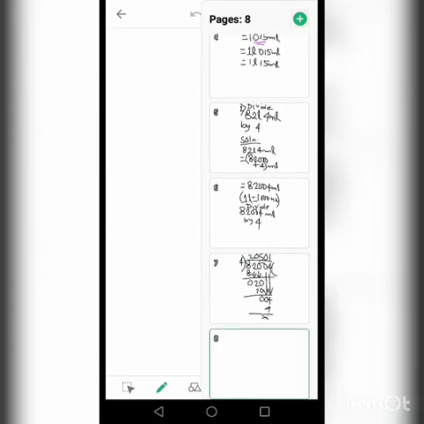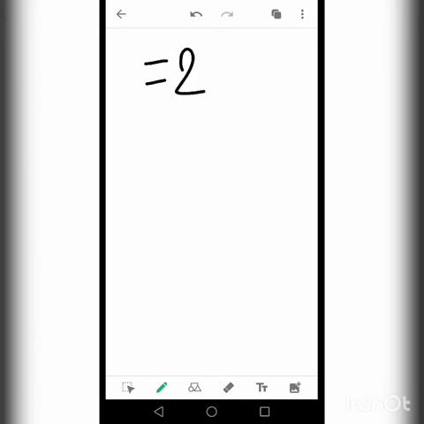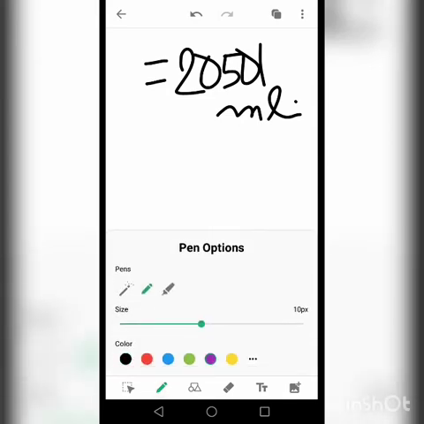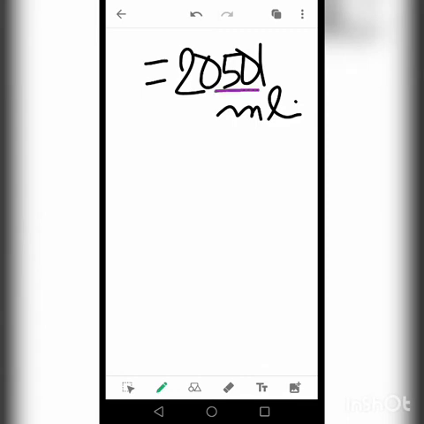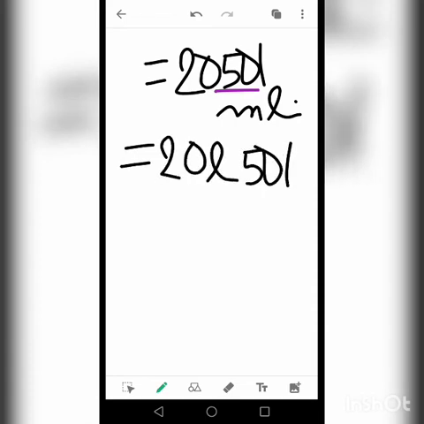So we move to the next board. Now whenever you get 20501, the rule that I said, from the right hand side choose the 3 digits for milliliter and the remaining digits will form liter. So it becomes 20 liter 501 milliliter. So in this way you are getting your work done.